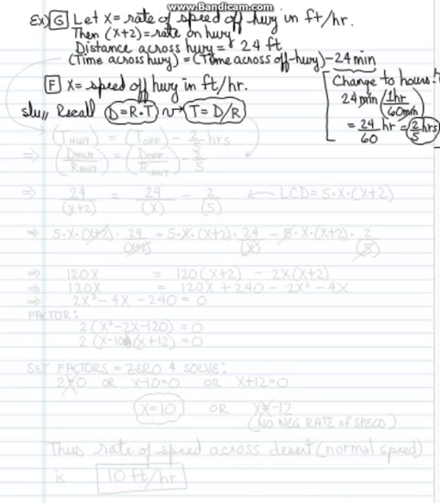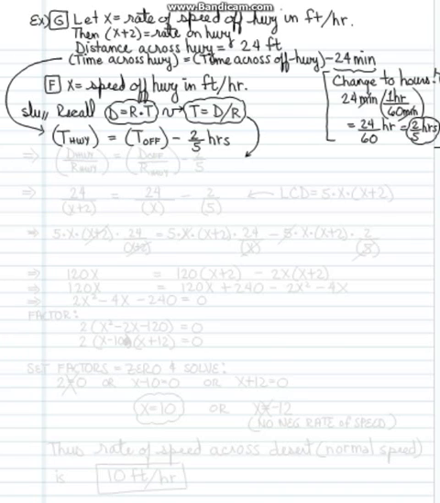And we can use that because now we're going to take this information, time on the highway equals time off the highway minus 24 minutes, but instead of 24 we're using 2/5 of an hour. Okay, now we're going to insert, in place of time, distance over the rate of speed.